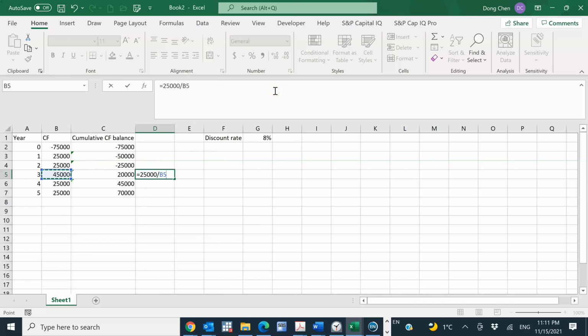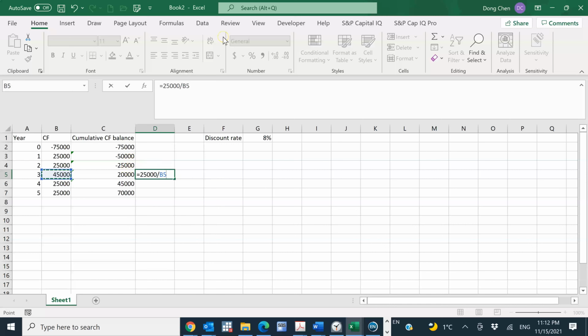So the ratio of these two numbers will give us the fractional number of years within year 3, right? That's still between year 2 and year 3, but it's a fractional number of years which will be enough to cover this negative cash balance, in other words enough to break even.